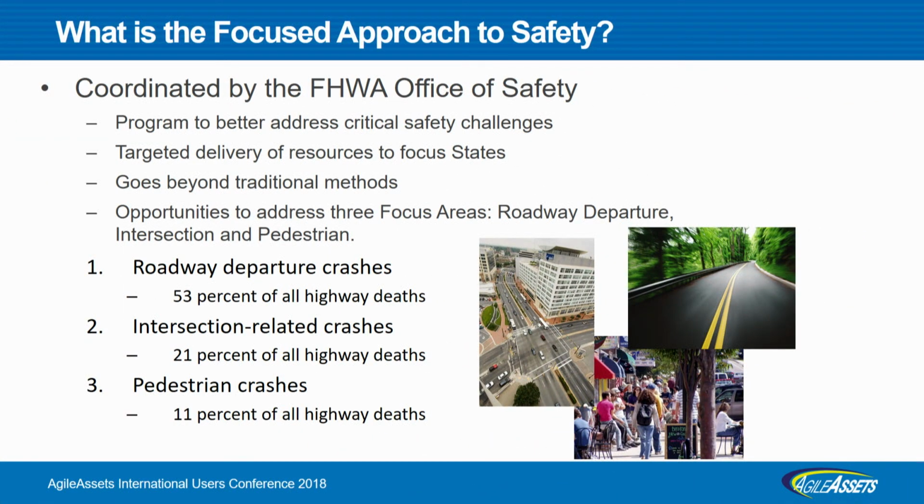So FHWA, in another effort to help states, has developed some focus state programs, and they've got 3 of those going on right now. The goal of these programs is to help states better address critical safety challenges, to help them target the delivery of their highway safety programs towards their major safety issues, and to provide some additional support to the states that are struggling in some of these areas.